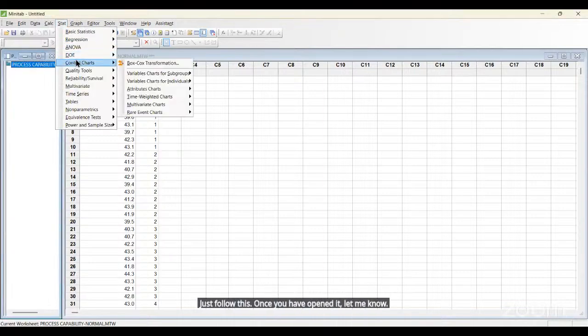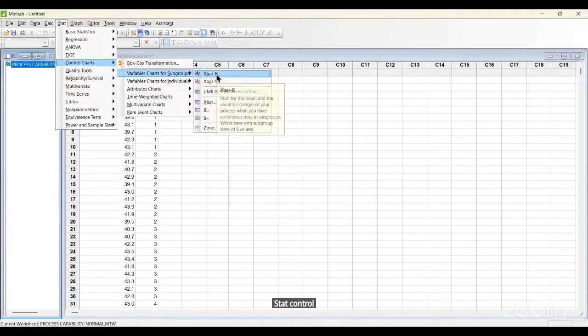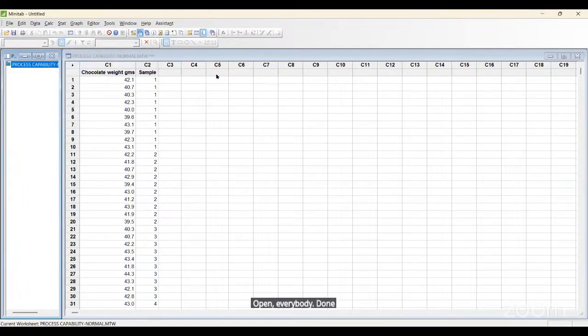Stat, Control Charts, Variable Charts for Subgroups, X bar R. Opened, everybody? Done? Very good. Just click on that.